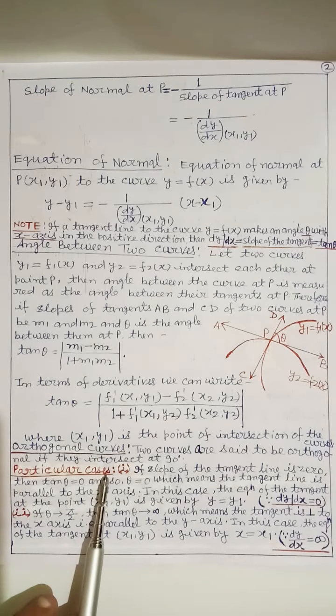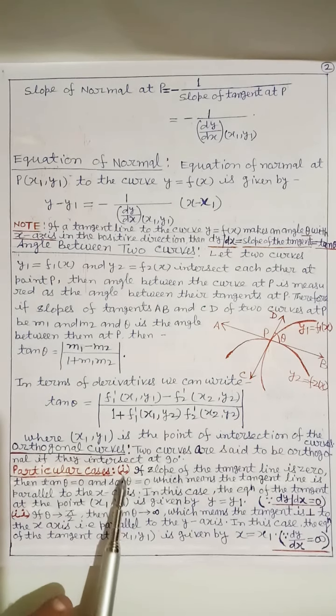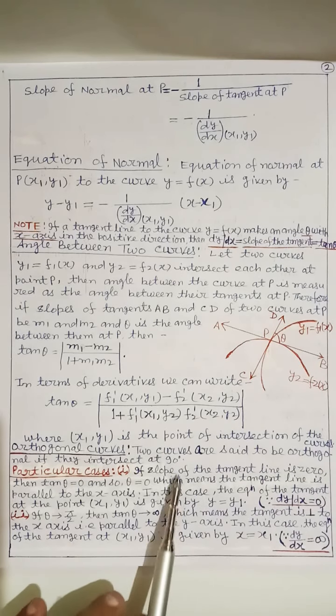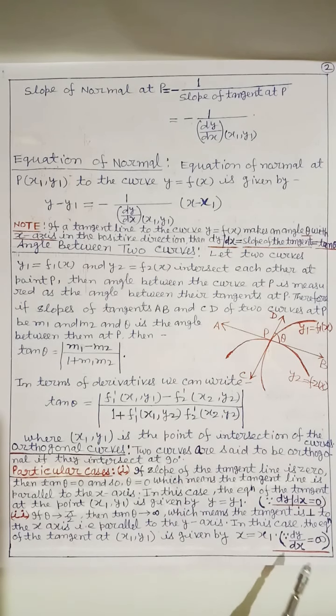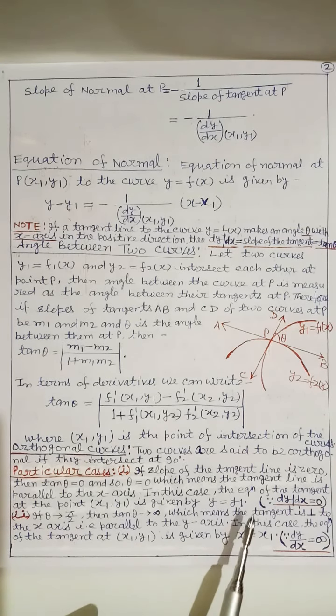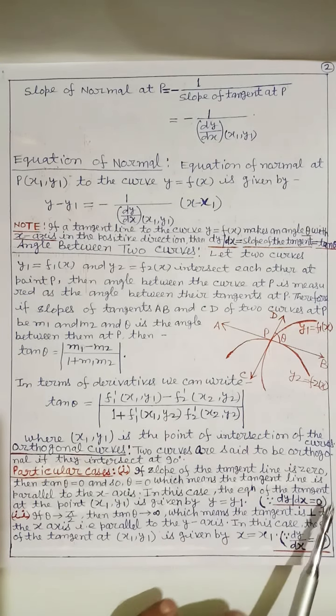Particular cases here. First, if slope of the tangent line is 0, meaning dy by dx equal to 0, then tan theta equal to 0, which means theta equal to 0, and the tangent line is parallel to the x-axis. Meaning, if dy by dx equal to 0, the tangent line is parallel to the x-axis.